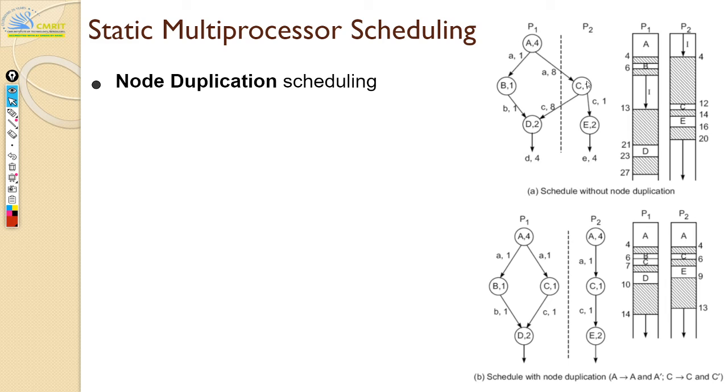B and C are given to different processors. Now an interesting thing is, you can actually duplicate A. What happens if you duplicate A? A will be processed here, and A will also be processed in this processing element.